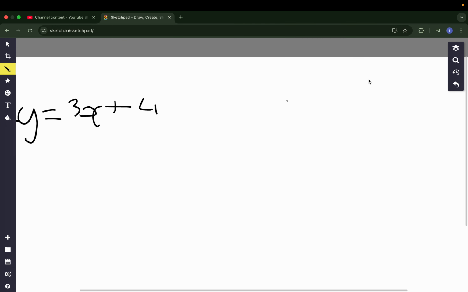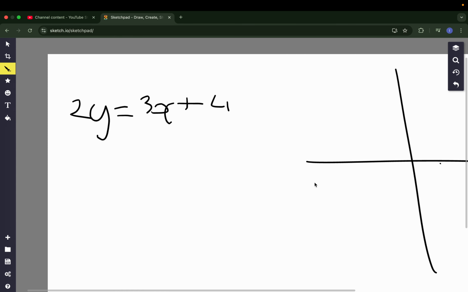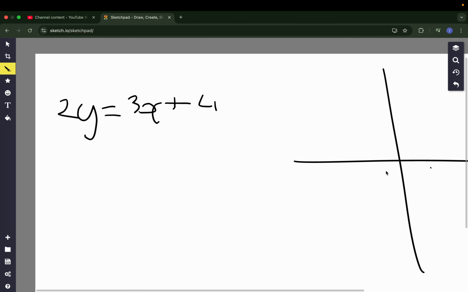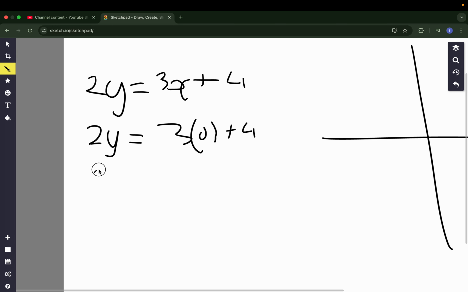So we know that if we try to find the two intercepts, x will equal 0 if we're trying to find the y-intercept. So 2y is equal to 3 times 0 plus 4, and that equals 2y equals 4, and now we divide it.